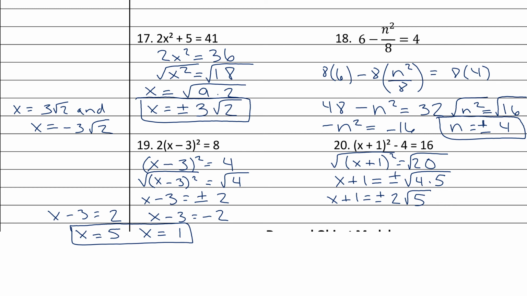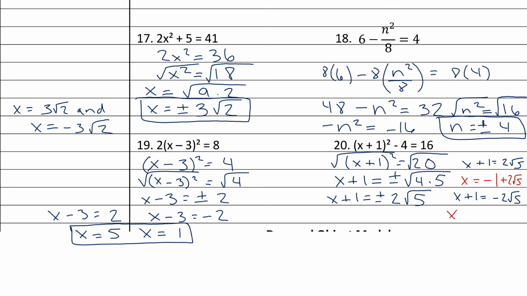So we're going to break this apart. I'm going to have x plus 1 equals 2 square root 5, and x plus 1 equals negative 2 square root 5. So when I subtract 1 from both sides, I am going to get x equals negative 1 plus 2 square root 5.